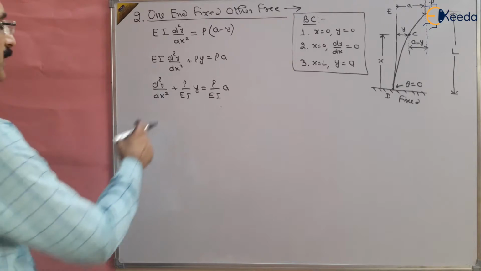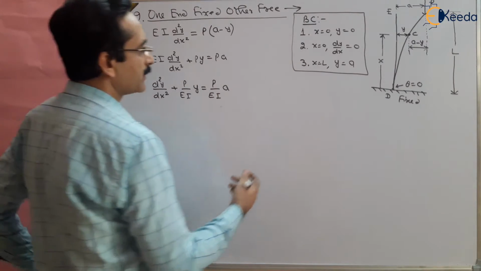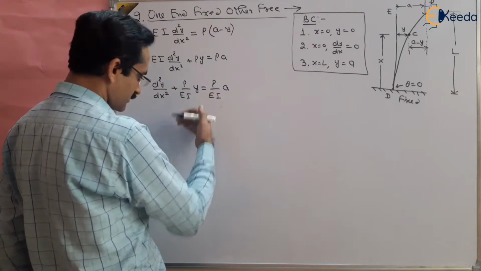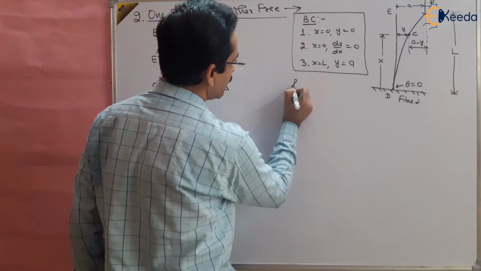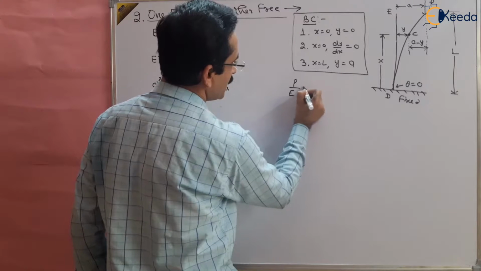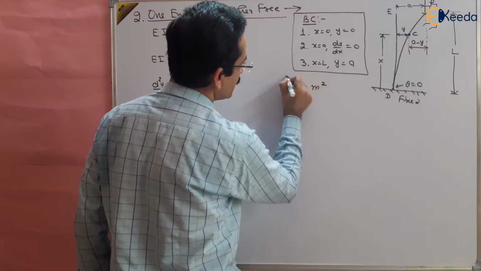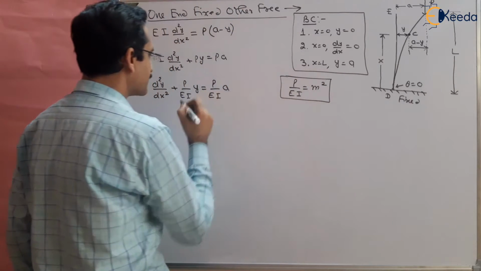And say this P by EI is given by another value, so that the solution may be simplified. So let us say this P by EI is given as m square. This we will be using in this differential equation.